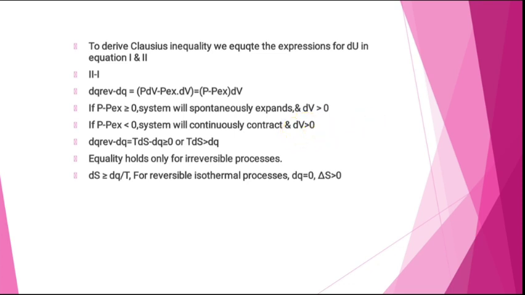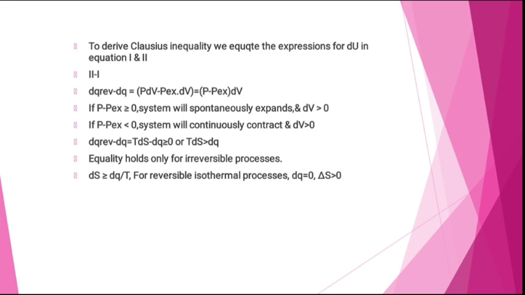Then dq reversible minus dq is equal to TdS minus dq, which is greater than or equal to 0, or in the case TdS is greater than dq. Now, equality holds only for reversible processes. So, we can apply the equality condition only for reversible processes.